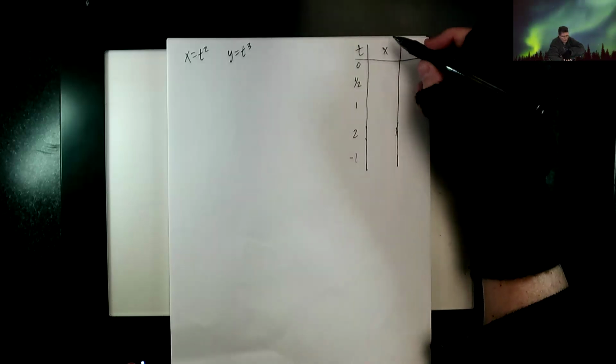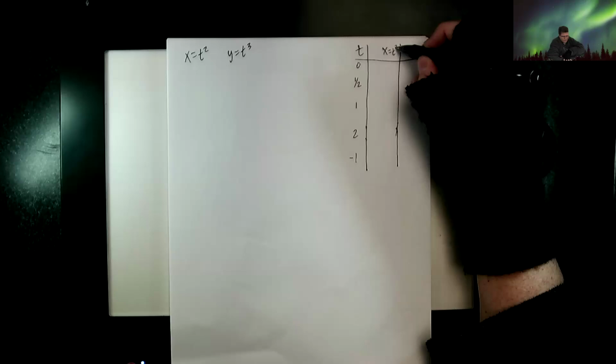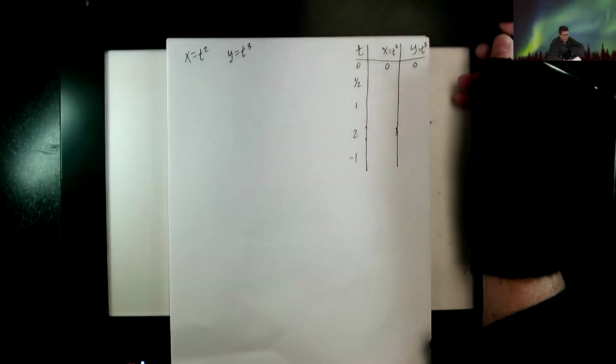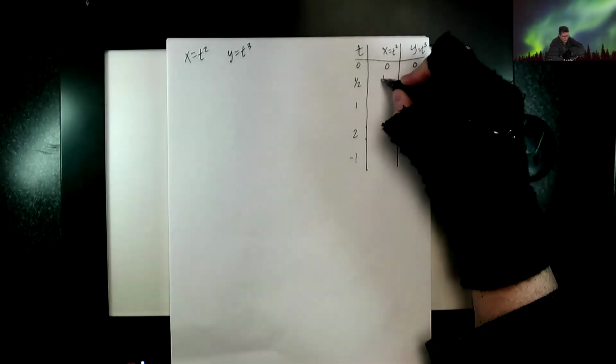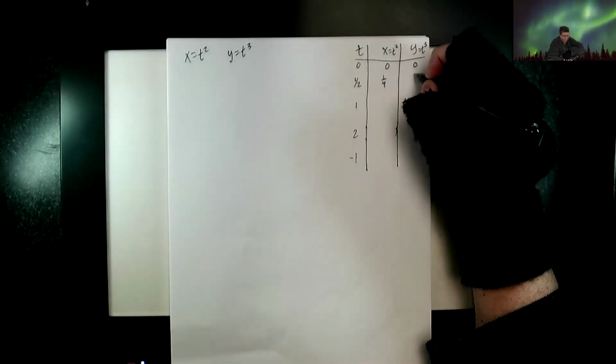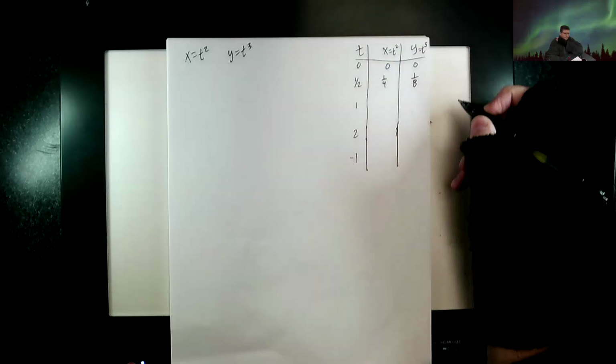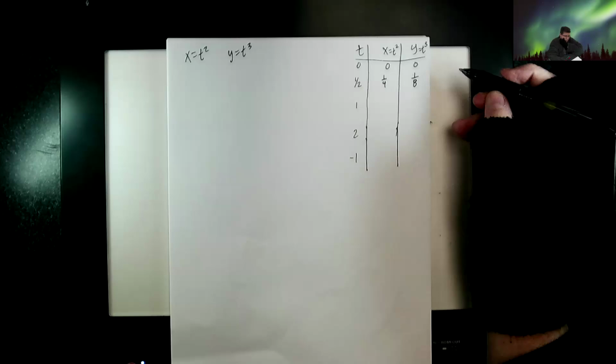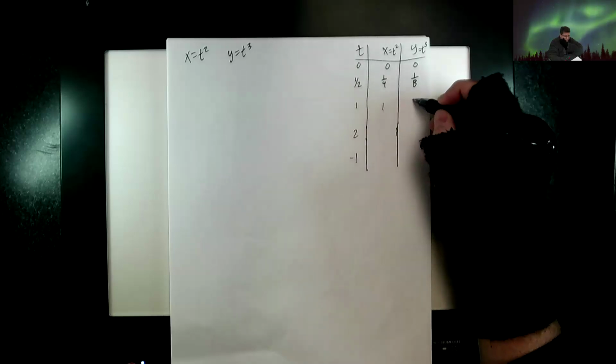So if I plug these in, remember this is t squared and this is t cubed. I get 0 and 0. 1/2 squared is 1/4, and 1/2 cubed is 1/8. 1 is 1 on both of them.